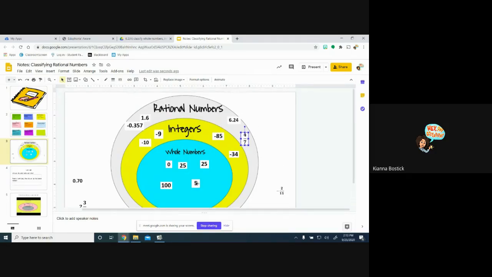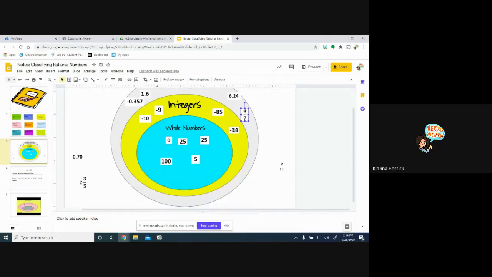We can represent 5 as a decimal or a fraction or even a percent. Our integers, our negative numbers, we can represent that also as a rational number. Okay, so that's why rational numbers are on the outside, because we have integers as part of it and whole numbers as part of it. That's why these are on the inside.